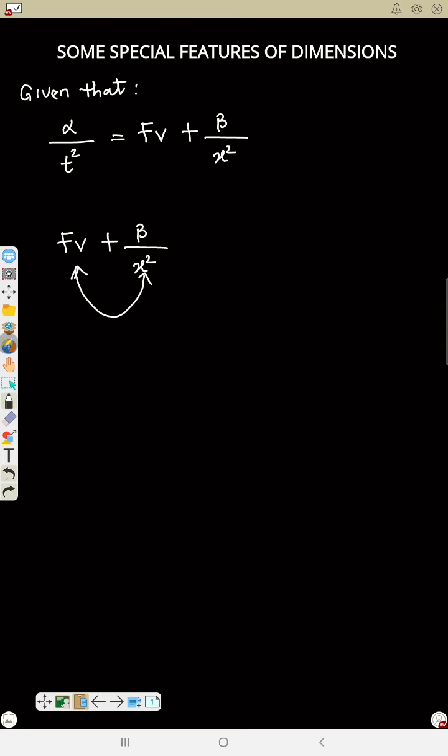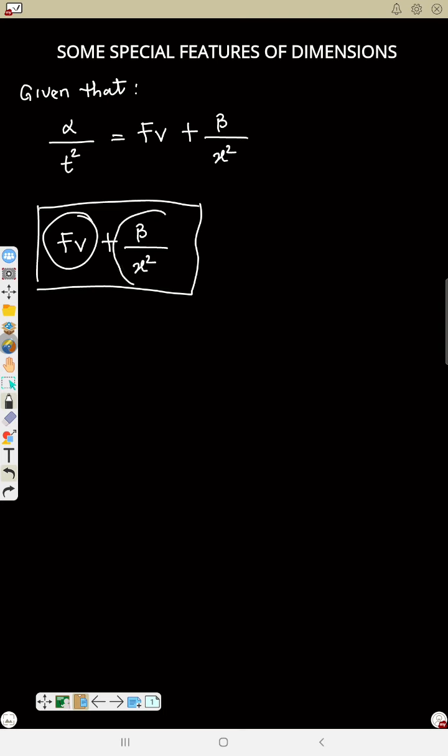That is, before you can add two quantities together, now I'm adding fv plus beta over s squared, they must have the same dimension.